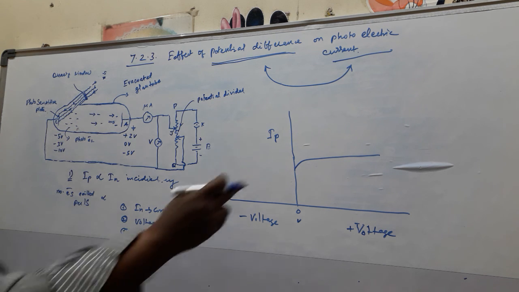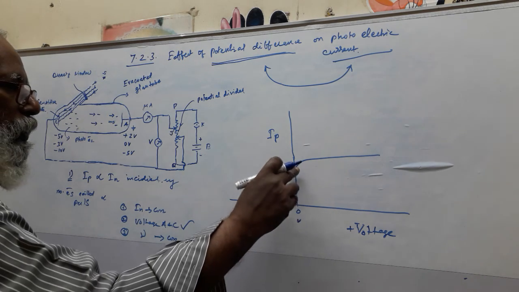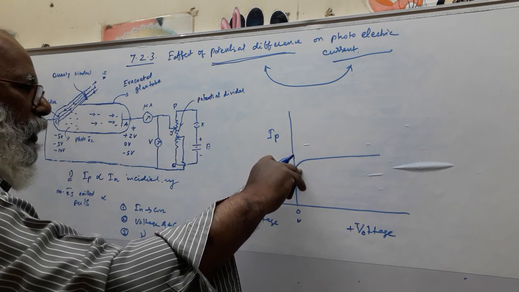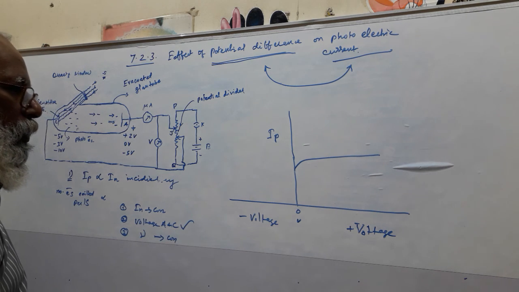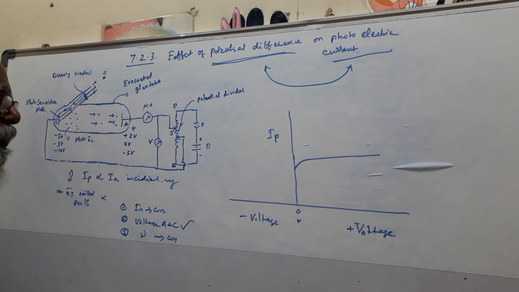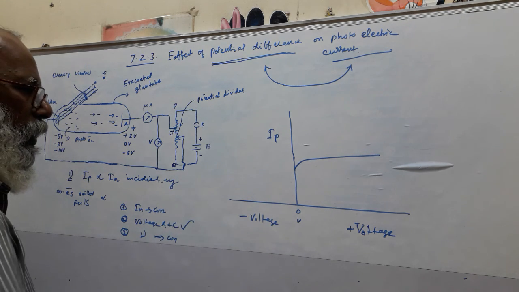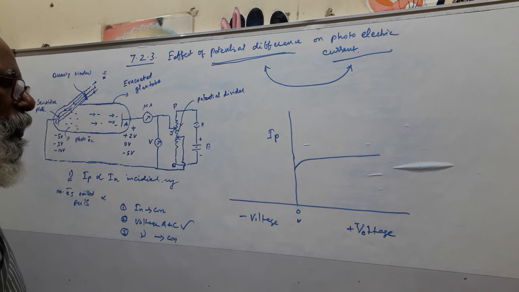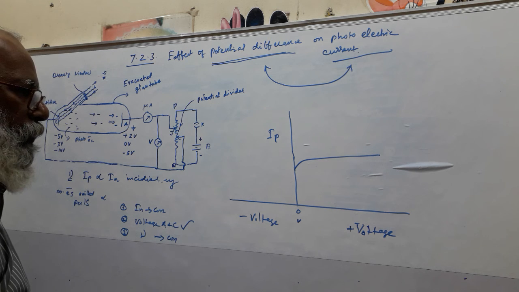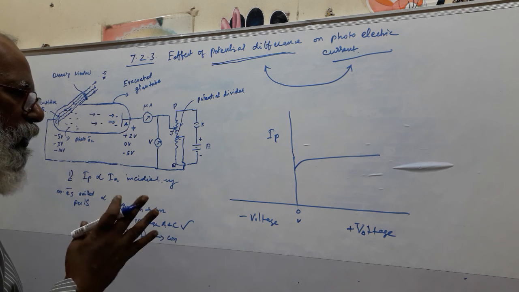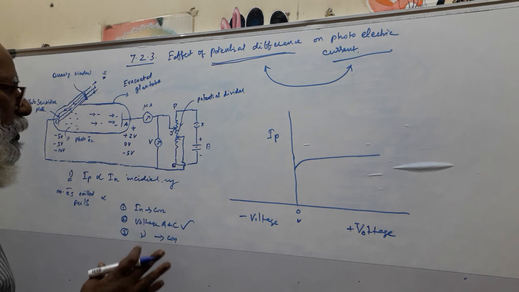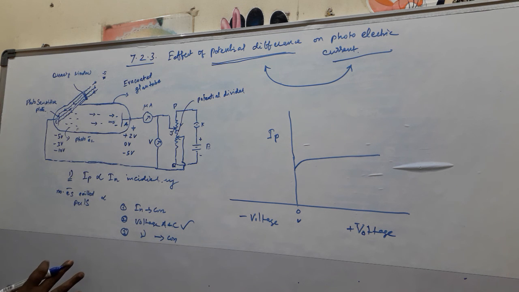That's why initially at 0 voltage itself the current attains some value. Now I want to stop this photoelectric current completely. What steps are we taking to stop it? That's a very important concept we are analyzing here.